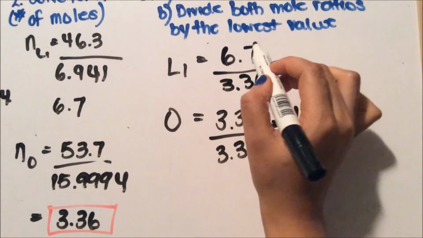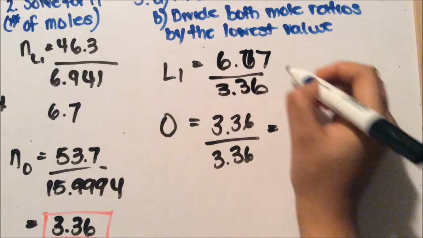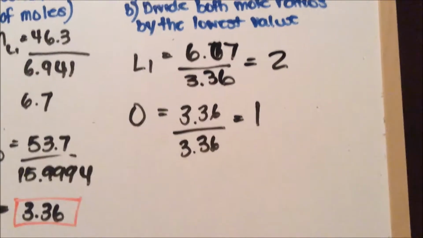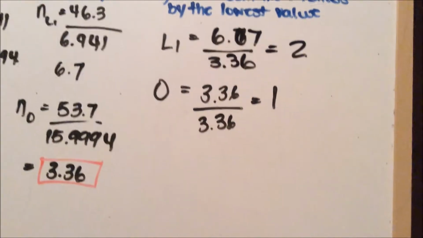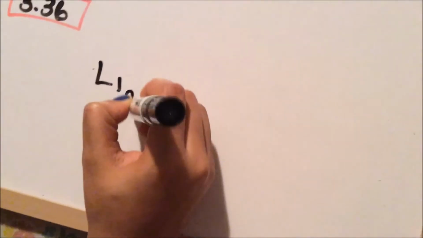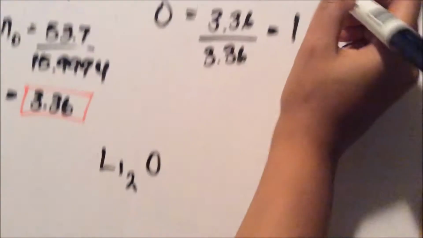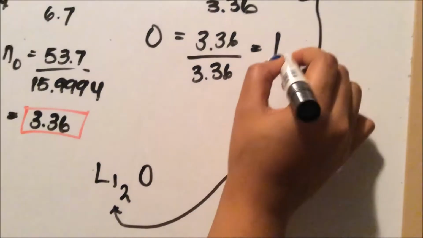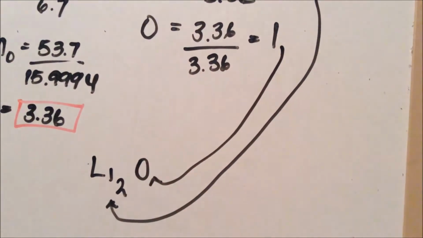And this is really 6.67, but it was rounded, is equal to 2. So when we write out our formula, it will be Li2O. And again, our 2 came from here, and our 1 is here, but it isn't shown.